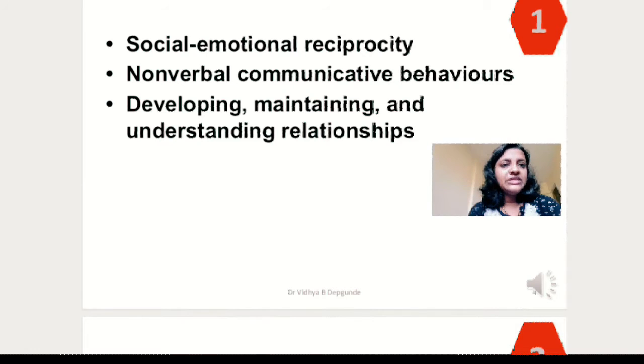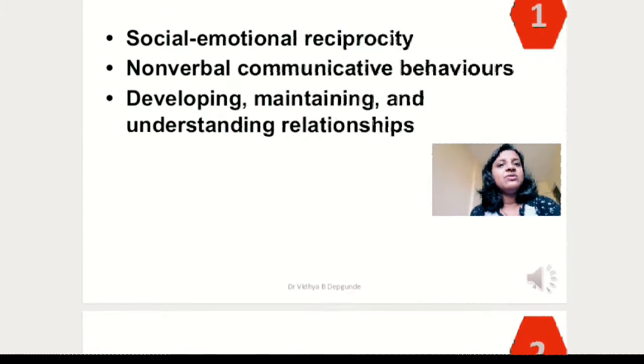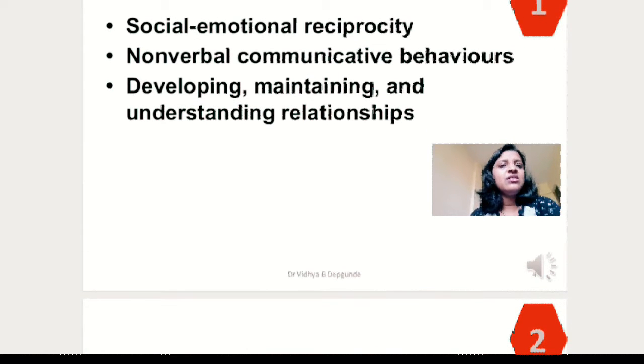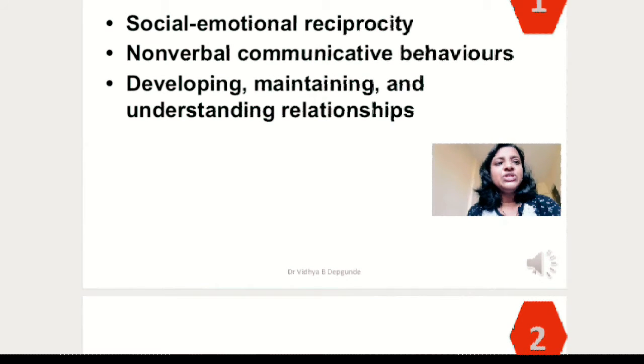He will not be cooperating with others, and he will have an absence of interest in others. He will not be interested in what others are interested in. He will not be able to make social relationships. He will not be able to maintain whatever relationships he has, and he will not understand how relationships work. He will not understand how to adjust his behavior according to the situations.